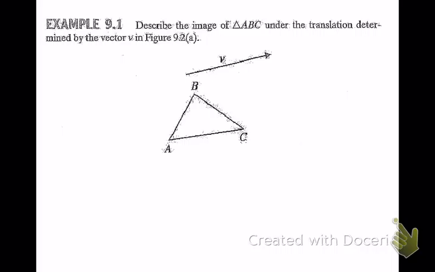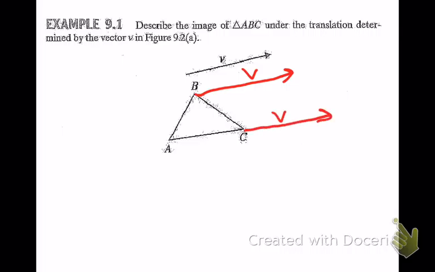Example 9.1. Describe the image of triangle ABC under the translation determined by the vector V in figure 9.2a. Alright, so what this basically says is you're given that vector, you would keep its distance and direction, but you would add it to each of these points. So at point B, we'd put on a vector V, and we do the same thing at C. We would add the same distance, direction.